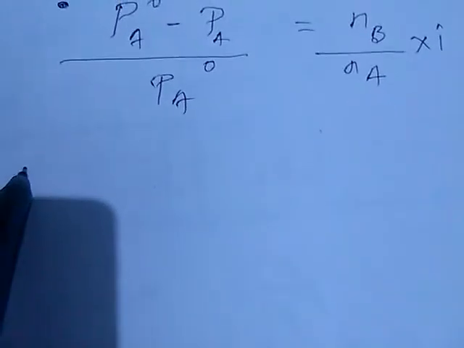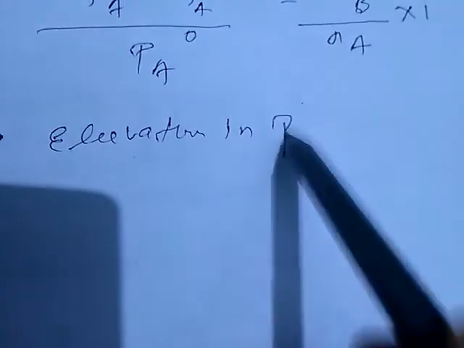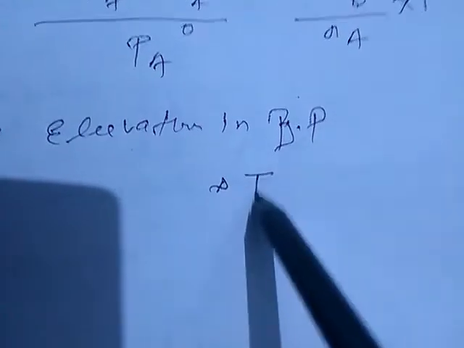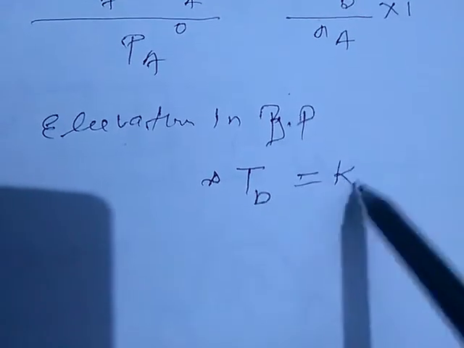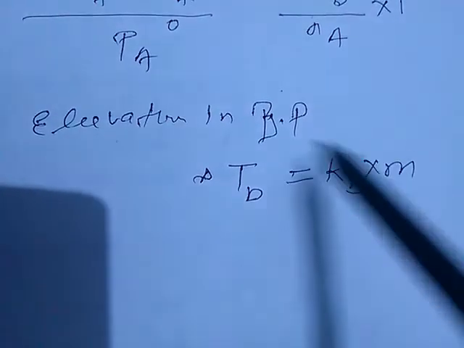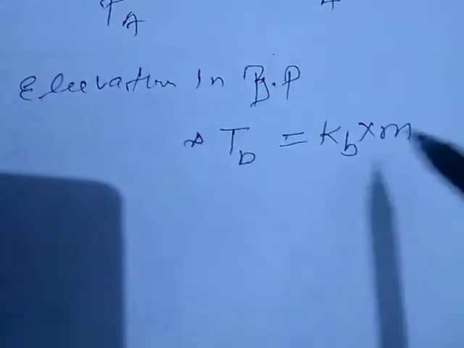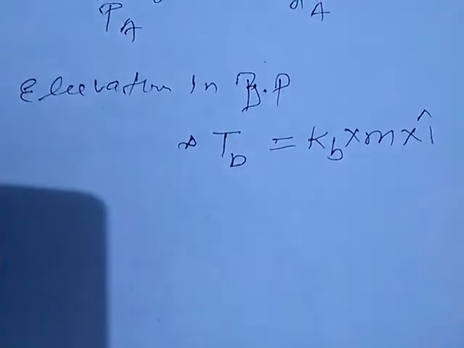In the same case for elevation in boiling point, delta TB expression was KB into M, but again over here the Van 't Hoff factor is not included. So after including it, it would become like this. We will multiply the Van 't Hoff factor here.